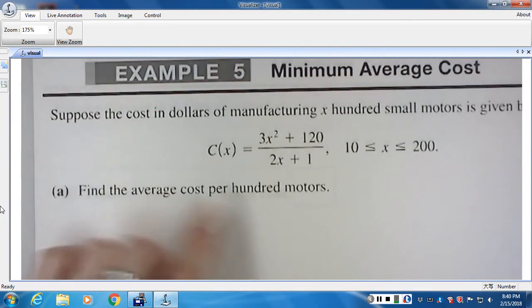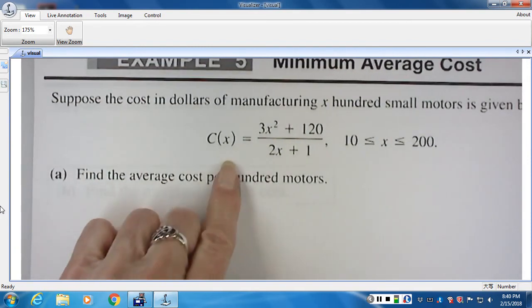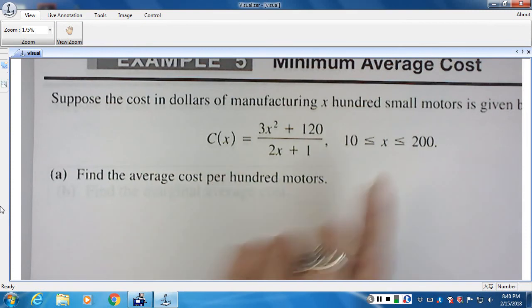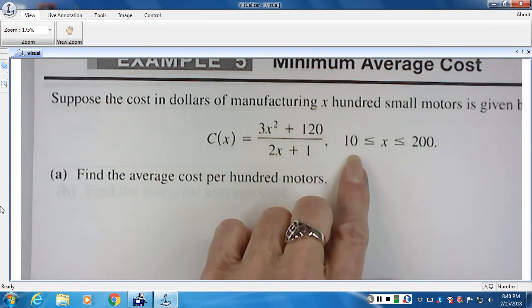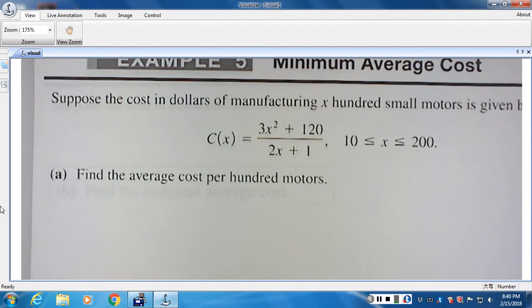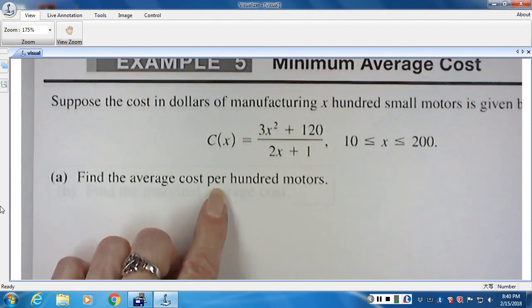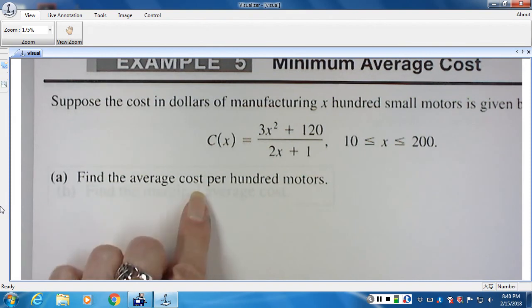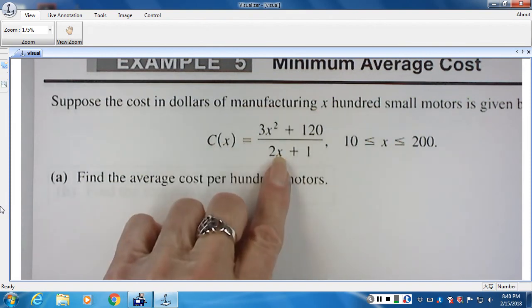So here we've got a cost function. This cost function is only good when x is between 1,000 and 20,000, essentially. Find the average cost per 100 motors. Well, first of all, the average cost is this cost divided by x.